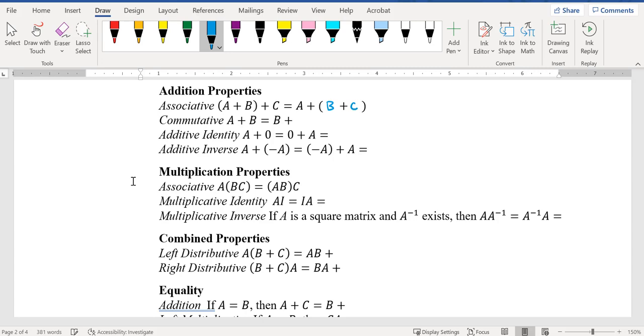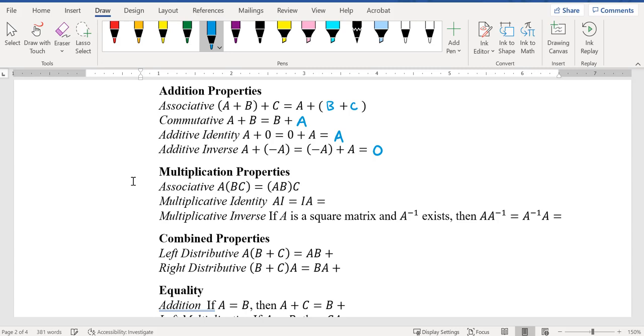A plus B is equal to B plus A. The additive identity property: A plus the zero matrix is equal to the zero matrix plus A, which is equal to just the matrix A. And the additive inverse property: A plus negative A is equal to negative A plus A, which is equal to the zero matrix.